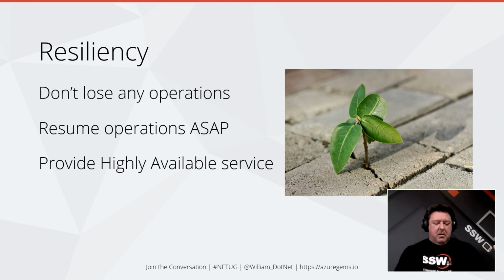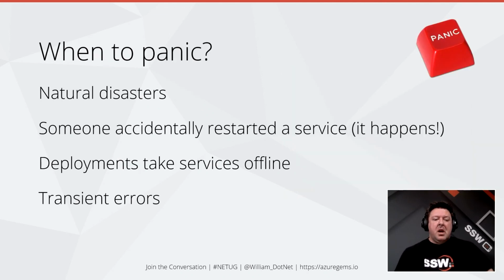So we want to be able to capture all of our operations, guarantee that they're going to get processed. And if things do go down, which they do, right, we want to be able to resume and take care of everything as soon as possible. And essentially, we just want to provide a highly available service to our users.